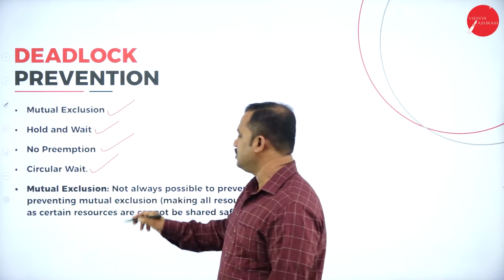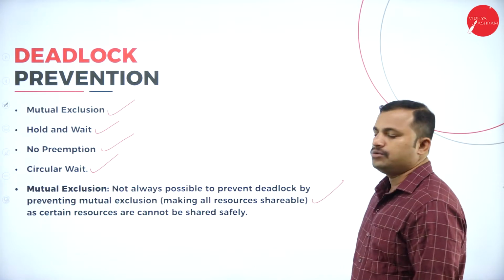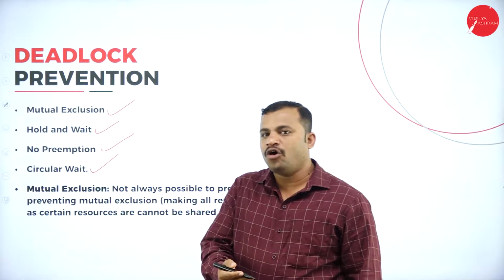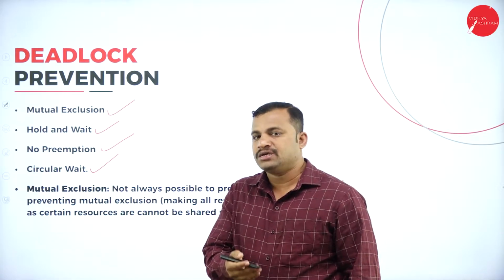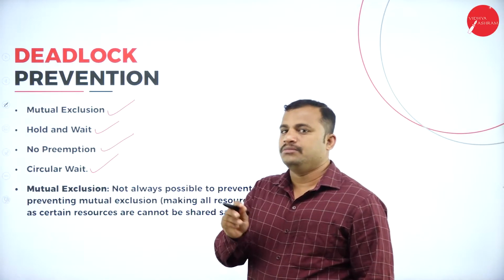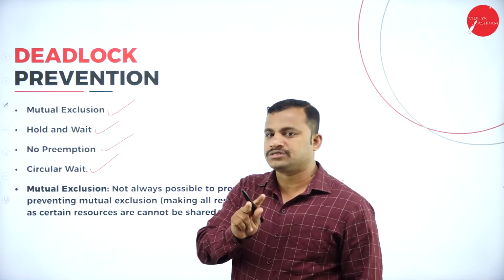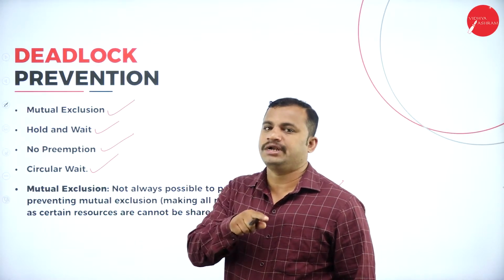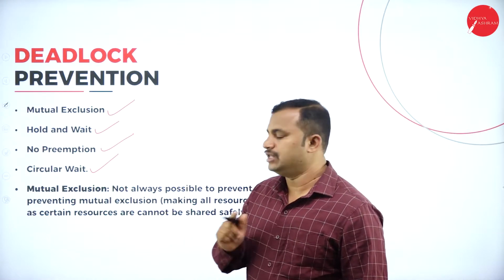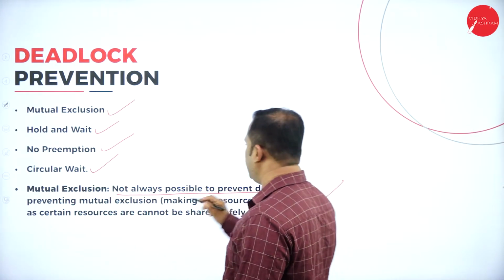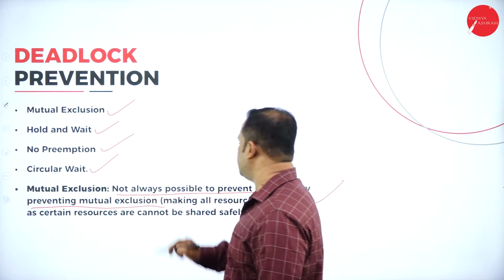The first one is mutual exclusion. What is the meaning of mutual exclusion? As I have already discussed, the mutually exclusive property means, suppose there are two processes, only one of them is permitted to access the resource. That is the meaning of it. It is not always possible to prevent deadlock by preventing mutual exclusion.